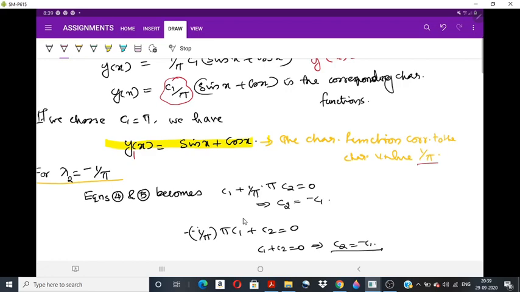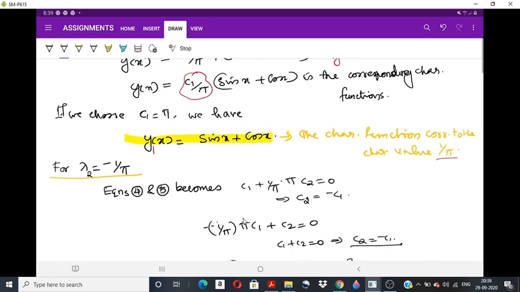And similarly, we can find the characteristic function for the characteristic value lambda 2, that is minus 1 by pi. In one way we can write the two equations, or we can reduce the system.